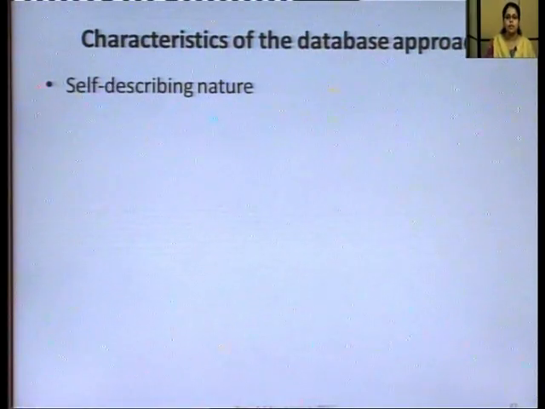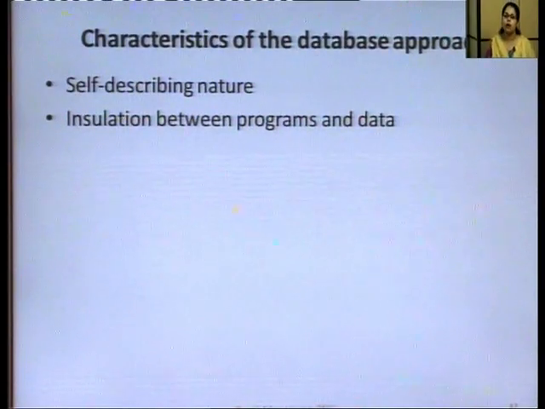You can say metadata is data about data. The definition of the database structure is stored in a file called the DBMS catalog, and this definition is called metadata. So the database system is self-describing. The definition is stored separately in a catalog, and the application programs are separate.